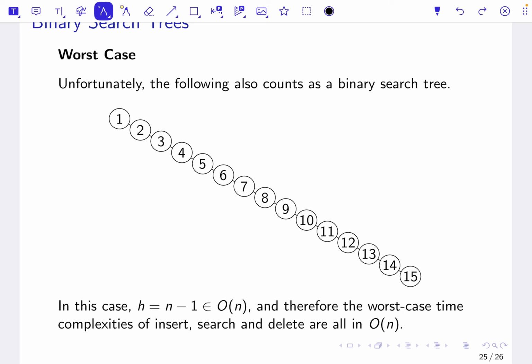So this is pretty terrible. If your binary search tree is managed badly, then the thing just becomes a linked list. The last couple lectures were a complete waste of time. And so the next big chunk of the course will discuss how to fix this.